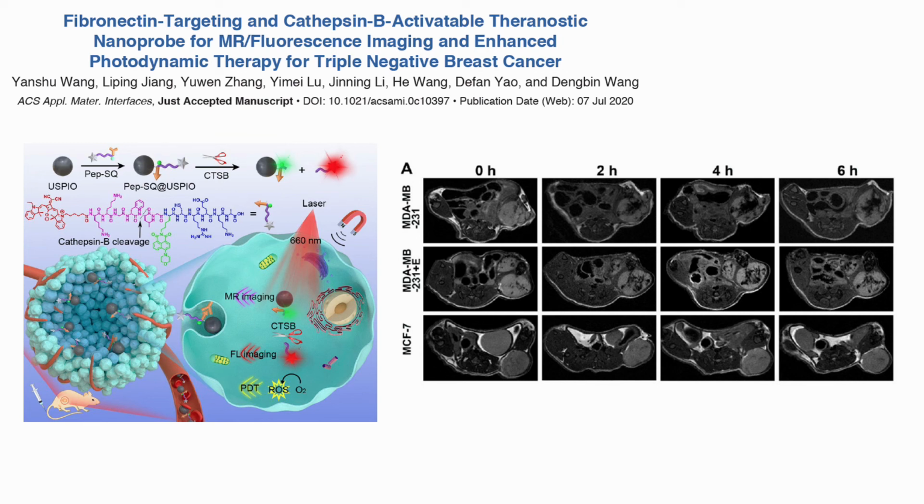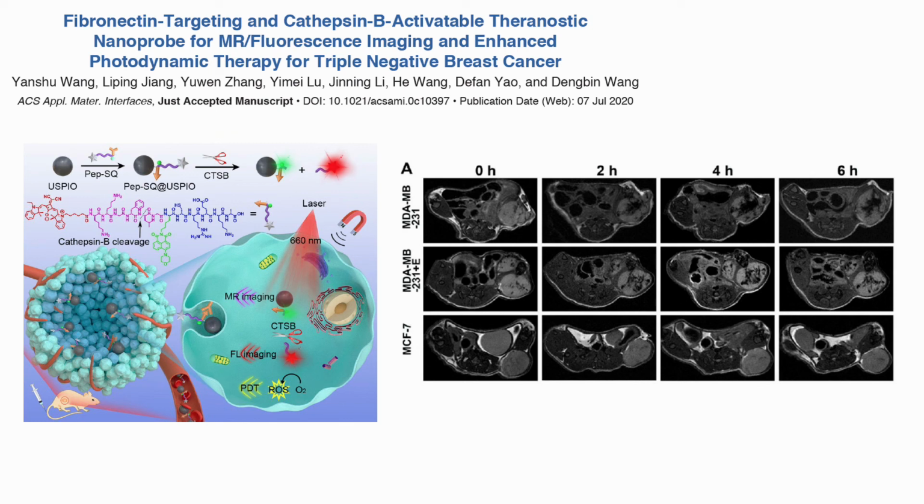So these investigators then injected this nanoparticle, and of course the rationale here was that fibronectin is overexpressed in triple negative breast cancer.